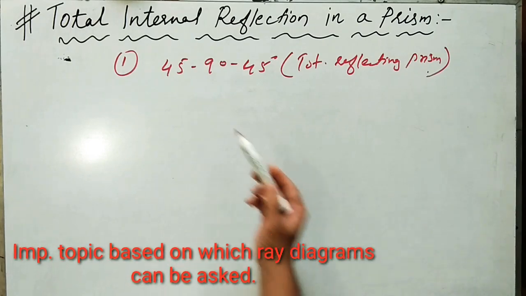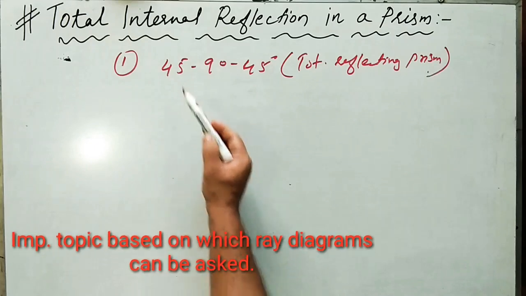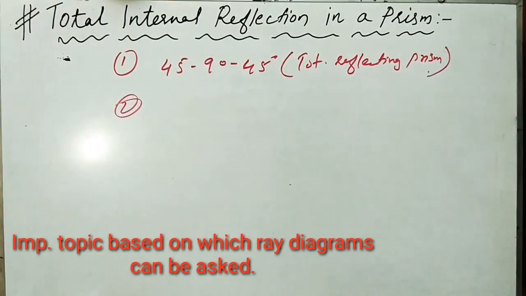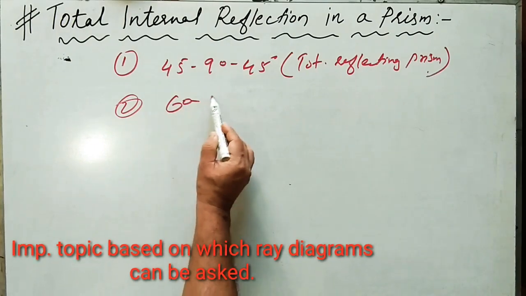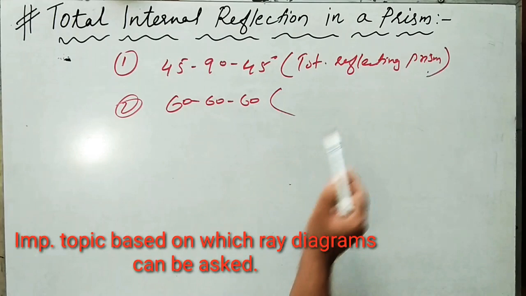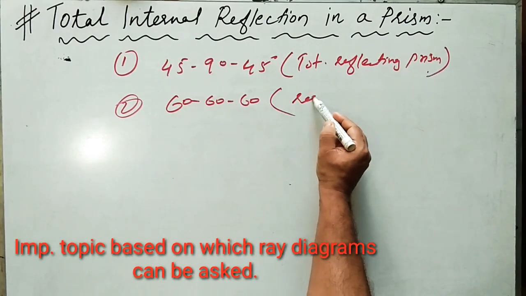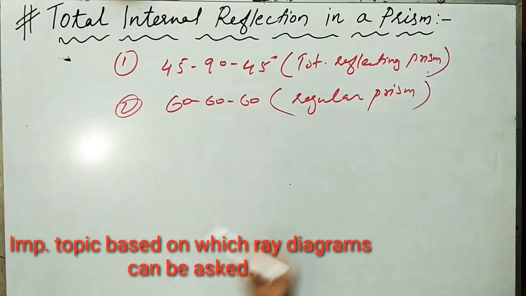Such prisms have one angle of 90 degrees and the other two angles of 45 degrees. Another type is the equilateral glass prism, that is the 60 degree prism. It is called an equilateral prism or regular prism.